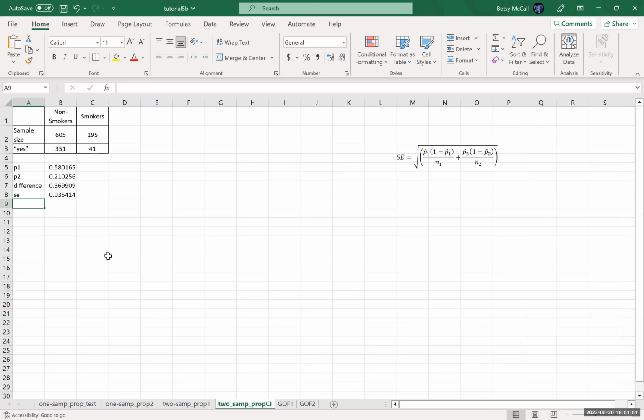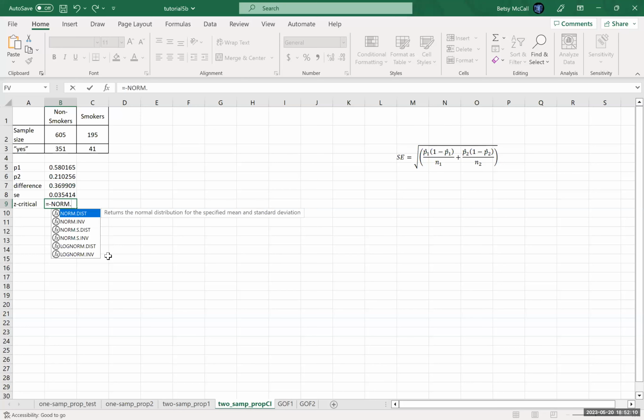Then we're going to have our Z critical value, or the scaling factor that we need for our confidence level. If we're doing a 95% confidence level, there's a bunch of different ways that we can calculate this. I am going to calculate this using the negative norm inverse of the left tail of my probability distribution.